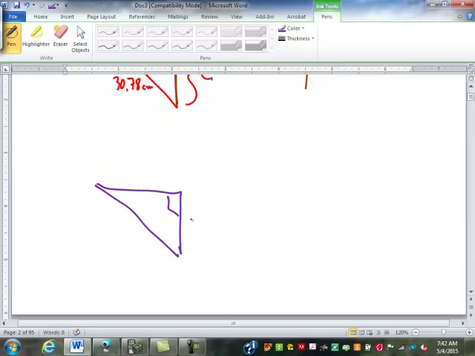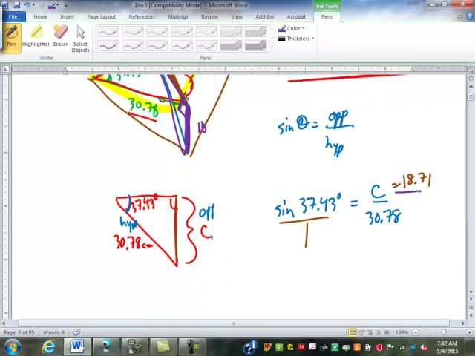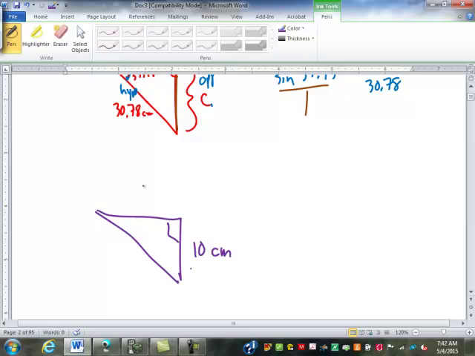We had this 10 centimeters or 10 millimeters, whatever you want to label it as. We had centimeters, so we'll keep it that way. That we gave is that vertical dimension. And we have the 18.71 that we just found up here. And we can now find this angle. How do we find this angle? Inverse tangent of 10 divided by 18.71.